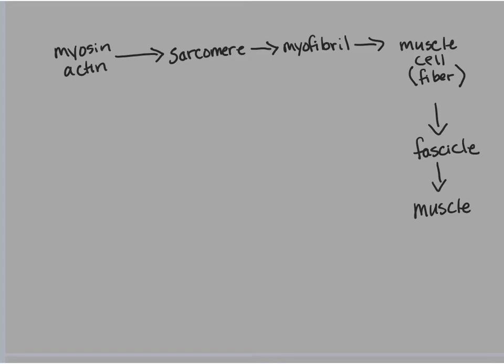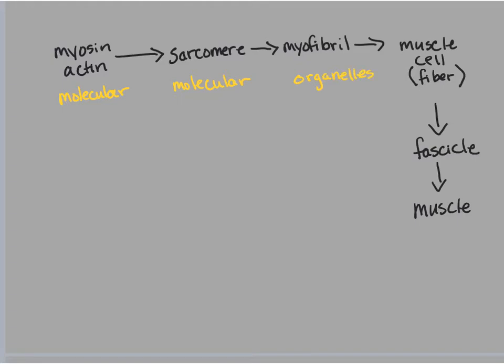So let's look at the different levels of organization. I'll write the terms out here for you. Myosin and actin are proteins, so this is the molecular level of organization. A sarcomere is also at the molecular level of organization. Myofibrils are organelles.